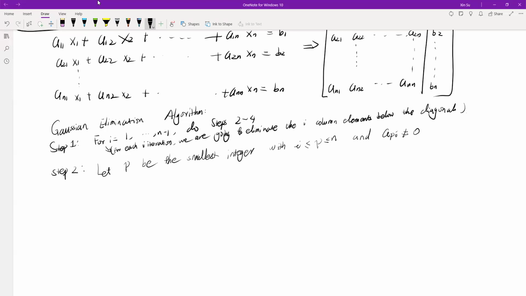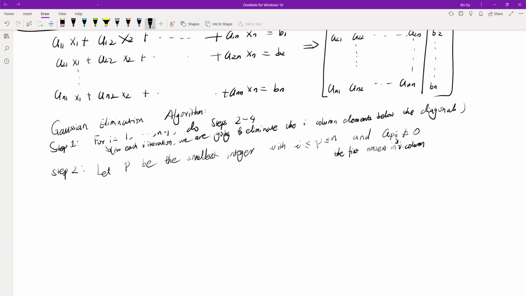We are working on the I column, so this means we are finding the first non-zero element in the I column.